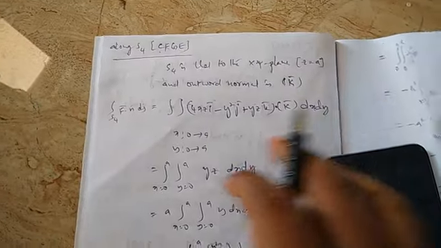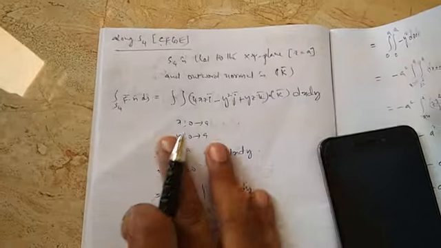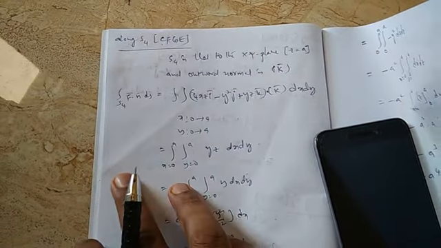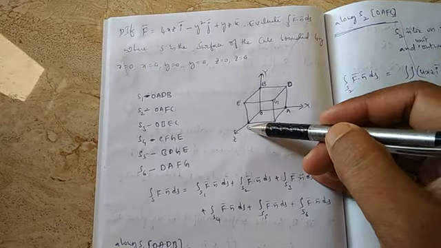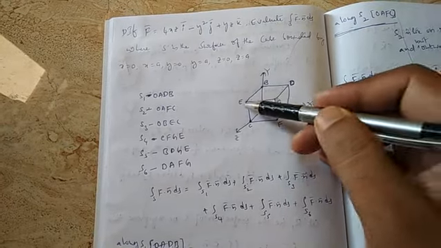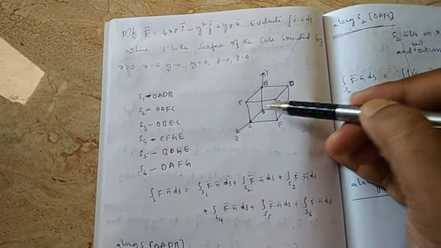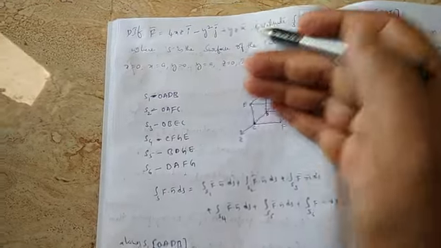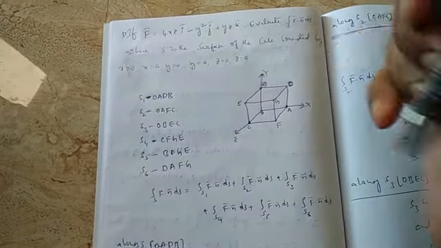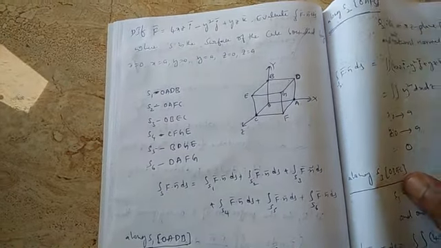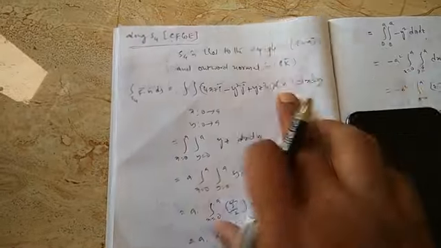S4, CFGE is parallel to the xy plane. One side look at it. A similar case we can apply for S5 and S6 also. CFGE is parallel to the xy plane where z is a constant, right? Z moving from this xy plane up to the top. Now z we have a constant value, z equals a.